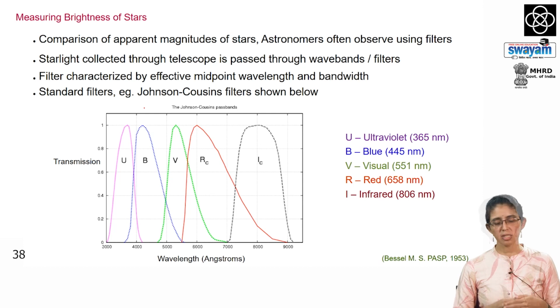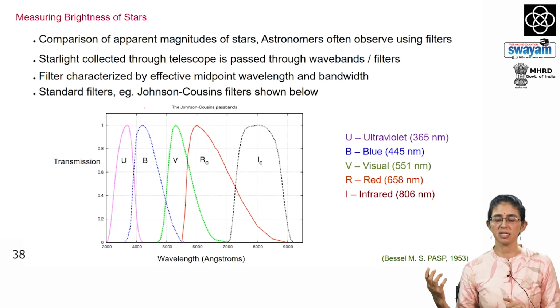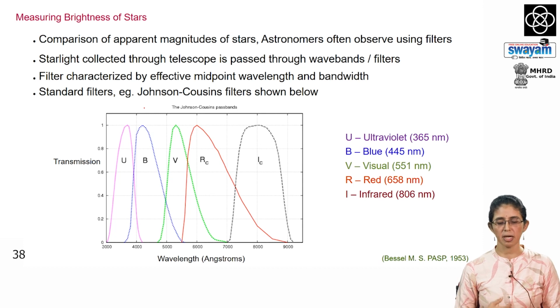The radiation that passes through the filter is then converted to magnitude and used to compare with magnitudes measured by others. If an alternate set of filters is used, then equations are derived relating one set of filters to the other for comparison, else it is not an appropriate comparison.